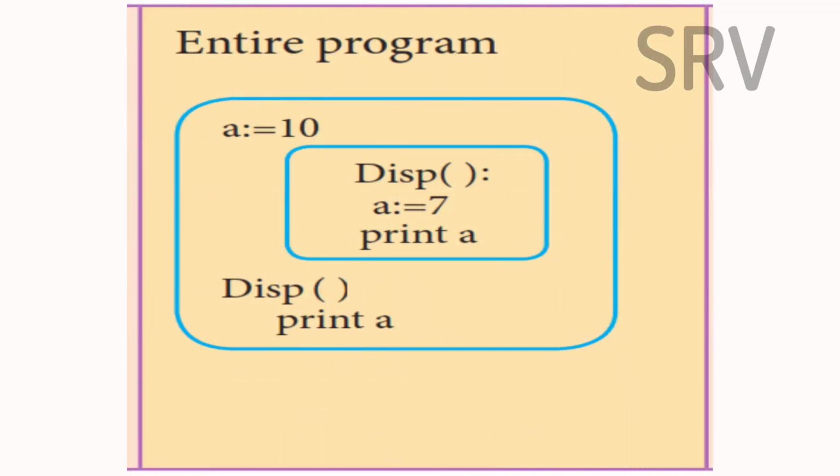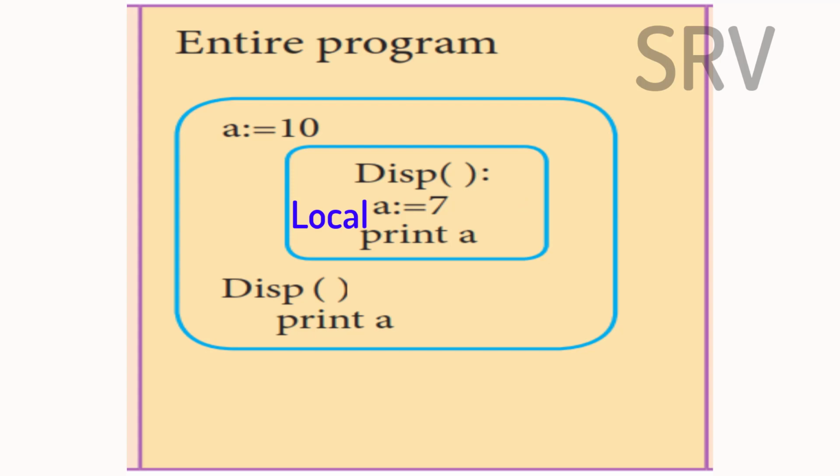So the diagram that's given splits this program into local and global scope. Hope you can understand this with this diagram. So here a box is given for the disp function. So this is the local scope. Here the a comes under local scope. Whereas the a which is declared outside this box is in the global scope. So the a that is defined inside the disp function is local to that function alone.